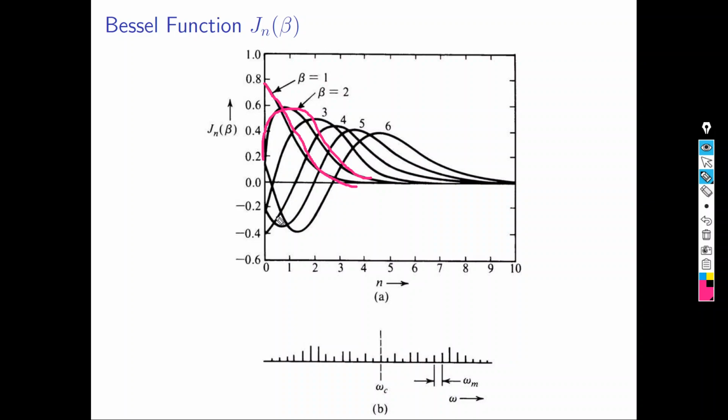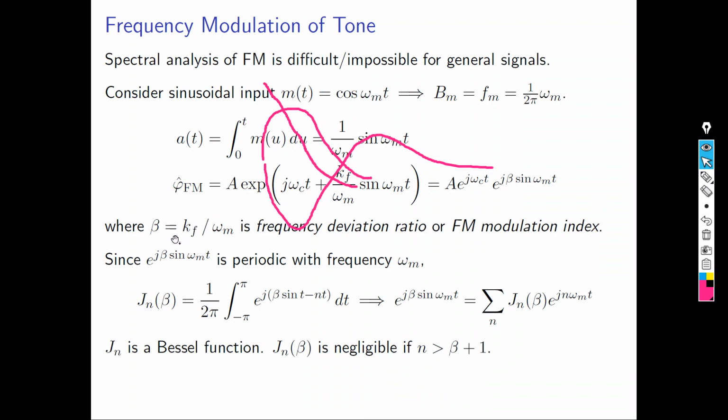When beta equals 6, for example, you get this function. So the shape of the Bessel function depends on beta. And beta depends on the frequency of the message signal omega m and k f, the frequency factor. Based on that, you determine which Bessel function shape you need to put in the equation to represent your FM modulated signal.